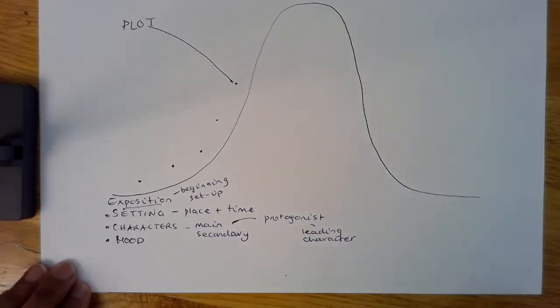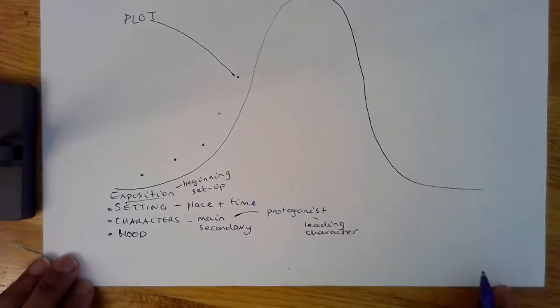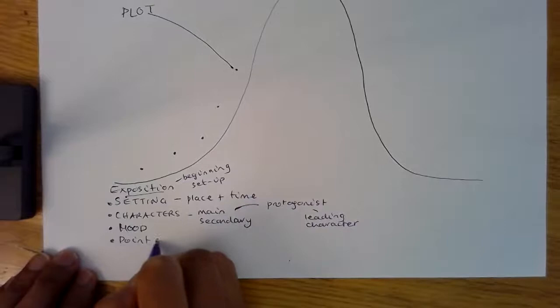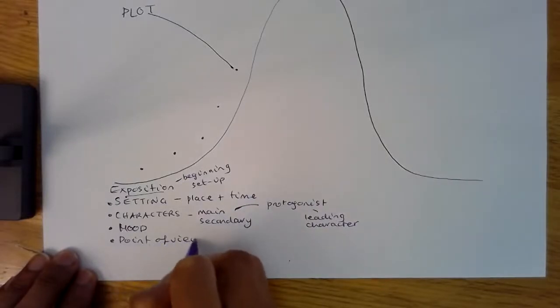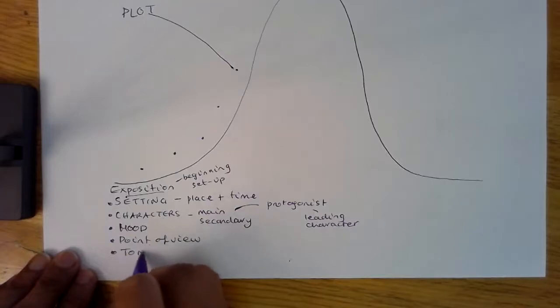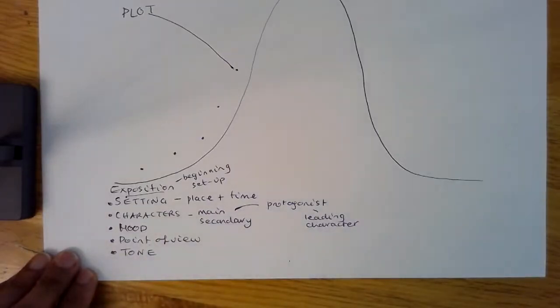In the exposition, you may also get the author's point of view about something. There will be tone as well. In other words, what the author feels about something. The words he or she uses will demonstrate the writer's tone. For example, the violent and aggressive prisoners stormed out of the gates.